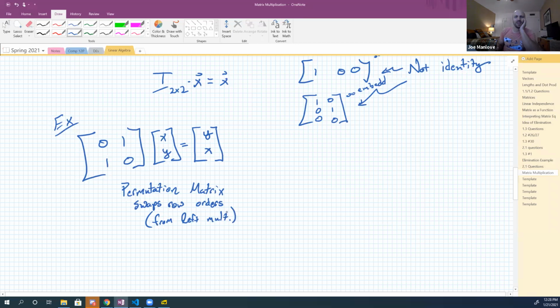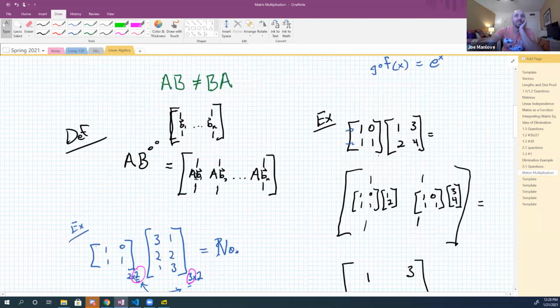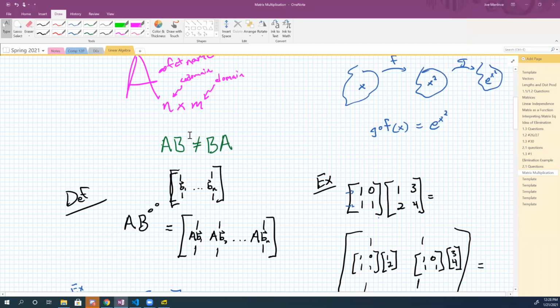Does it make sense that I need to differentiate between left multiplication and right multiplication? No. Okay. Remember a bit ago when we said that BA and AB aren't the same thing? Yeah. Okay.